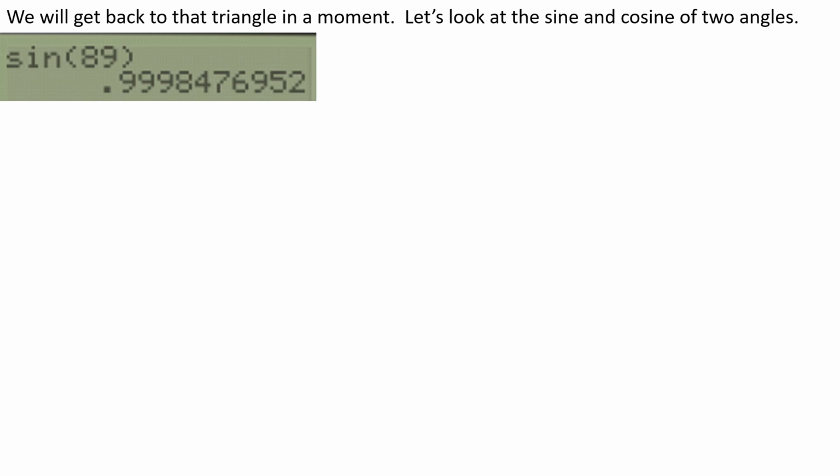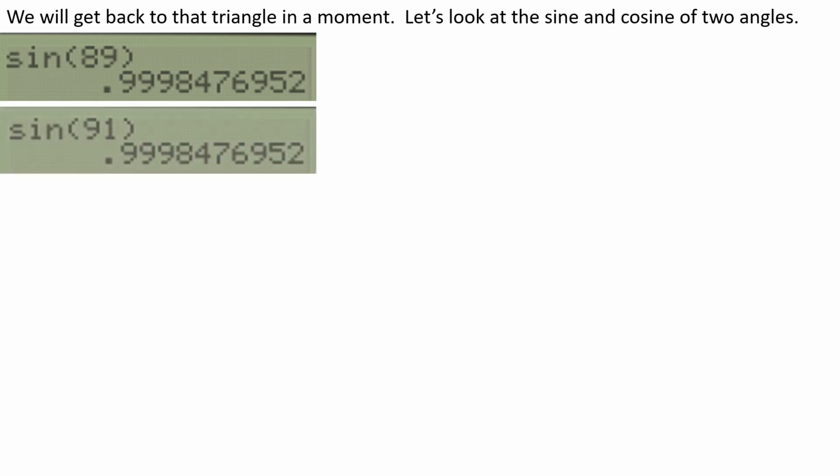Right? The sine function, if we're 1 degree over 90 or 1 degree under 90, notice we get the exact same value off a calculator. 1 degree more than 90, 1 degree less than 90, identical.